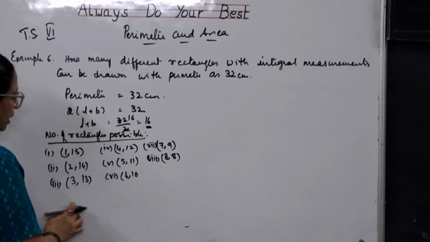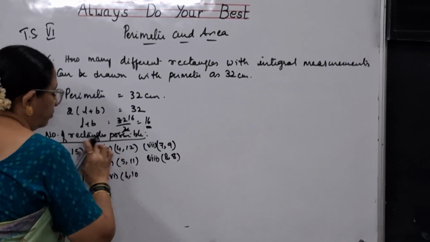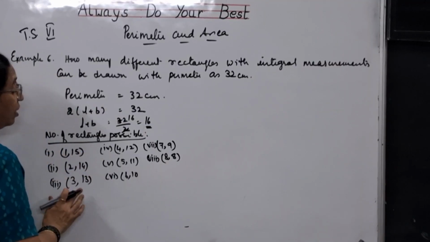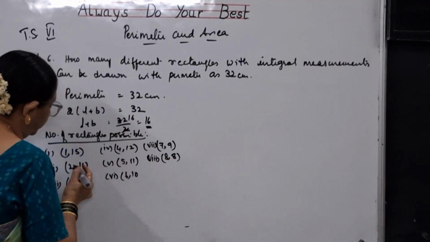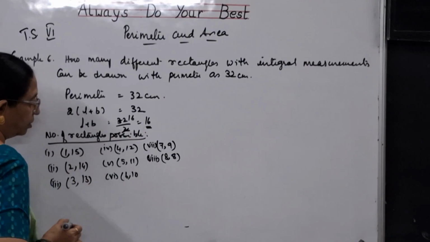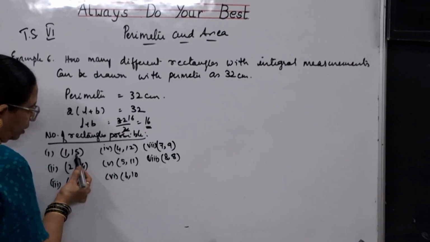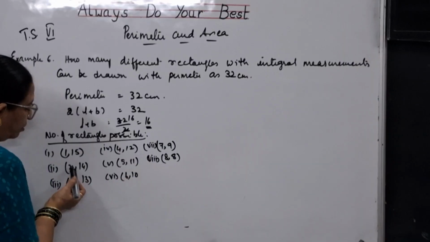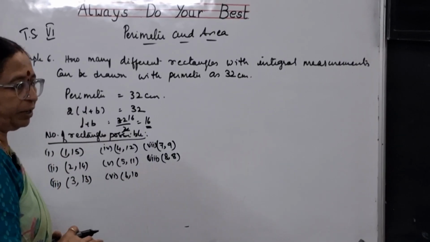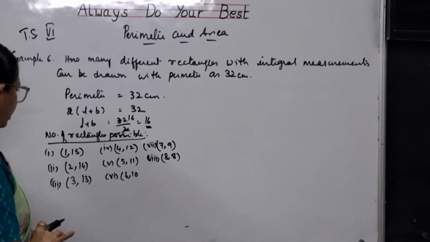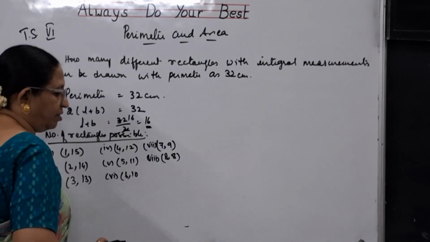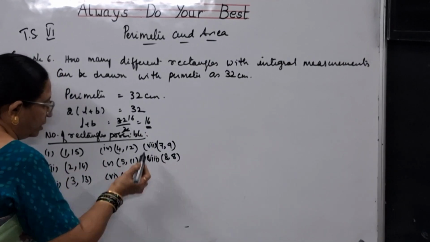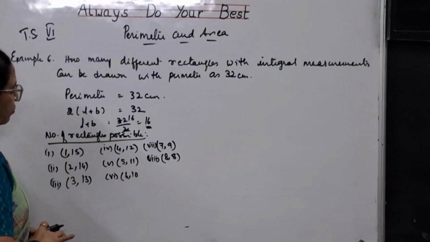So how did I get it? It is easy for you if you start with 1, 2, 3, 4. See children, whatever is the greatest measure, that should be considered as the length. What is the smallest measure, that should be considered as the breadth. But for your convenience, if you take 1, 2, 3, 4 like this, it will be convenient for you.